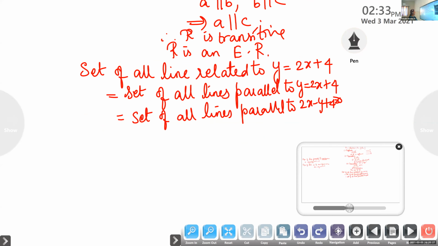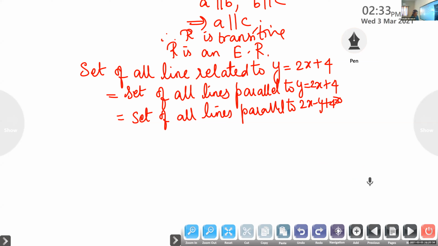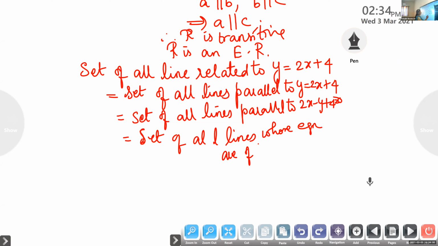So what is the set of all lines parallel to 2x minus y plus 4 is equal to 0? It is the same as the set of all lines whose equations are of the form, which form?